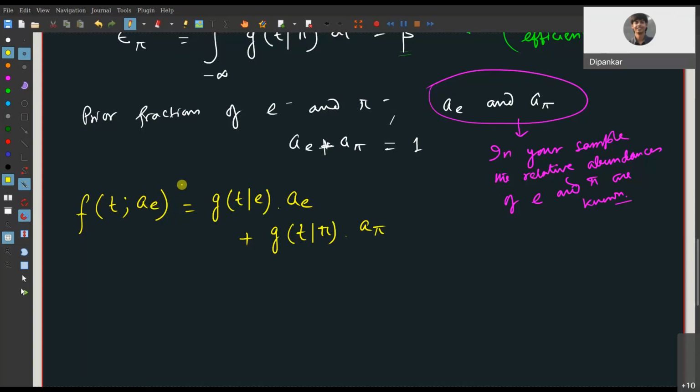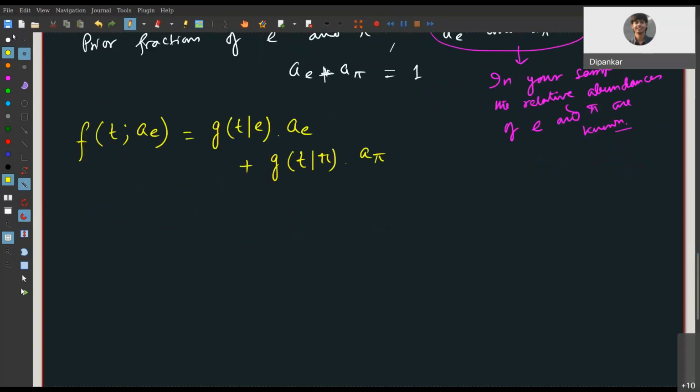So what you can do is try to define something called, let's see. All right, maybe this is something. So you try to define the purity of the sample.